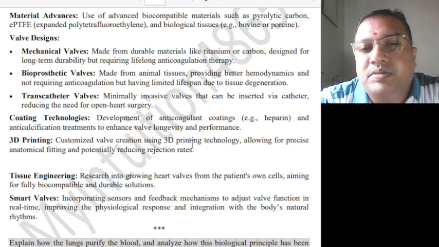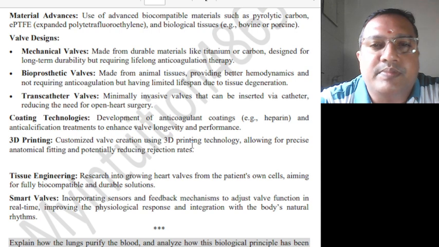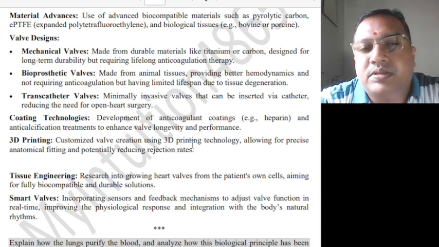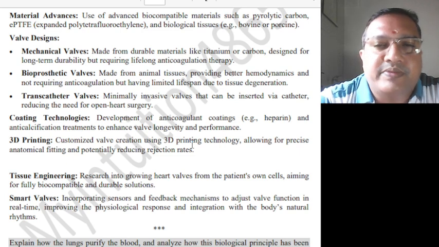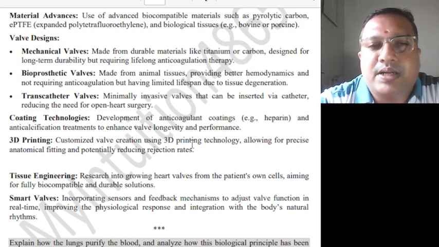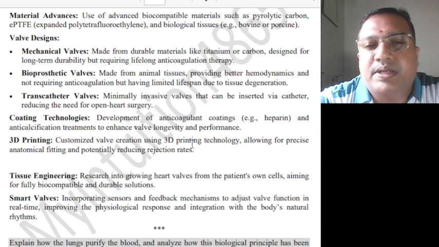Transcatheter valves are minimally invasive valves that can be inserted via catheter, reducing the need for open heart surgery. These are the different valves, and the advantages and limitations are also mentioned here.